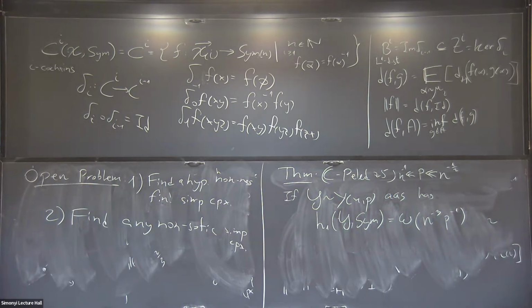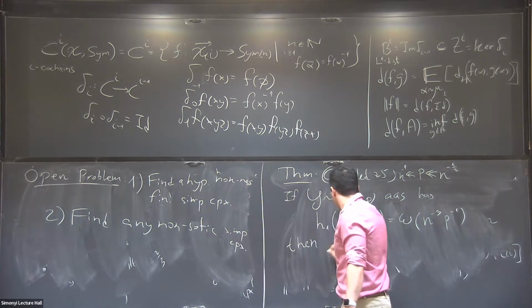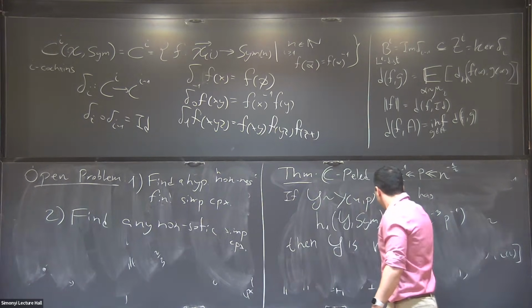Let's think about it just for a moment. This tends to 0, so it's okay that your Cheeger constant tends to 0, but if it tends to 0 in a way which is asymptotically better than this thing, then Y is non-Sophic.